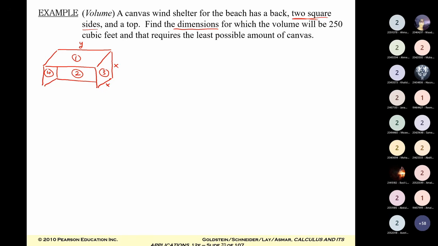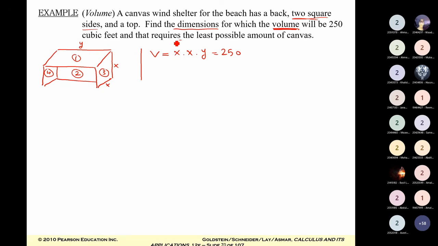We need to find the x and y, which is the volume. So the volume: الحجم عادة طول عرض وارتفاع، فعندي x في x في y equal 250.